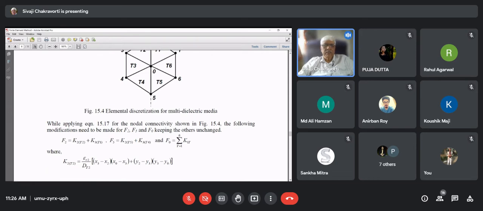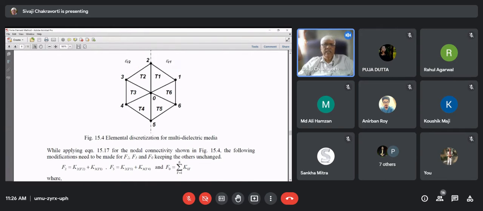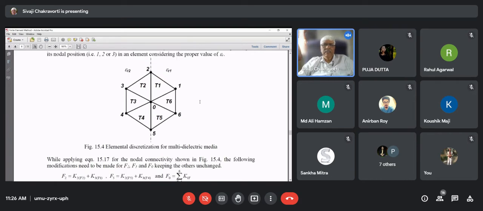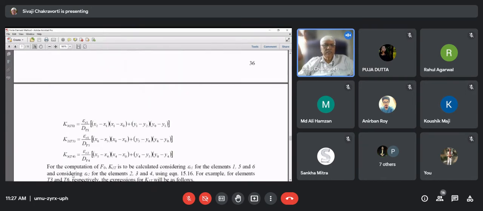The expression is as per the previous one, 15.16, only you see I have changed it to epsilon r2, because triangle 2 is within epsilon r2. Then F2 has another term, K3T1. But in T1, the permittivity is epsilon r1. So we use the expression for K3 as per 15.16 above and simply write epsilon r1. The rest is just the coordinates.